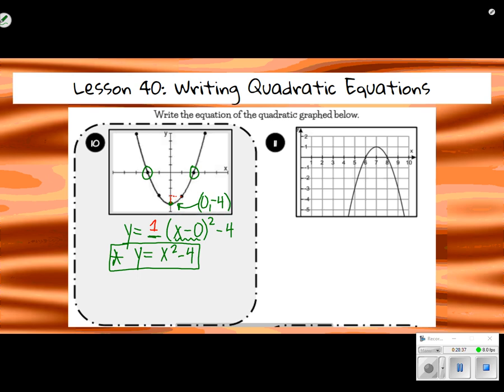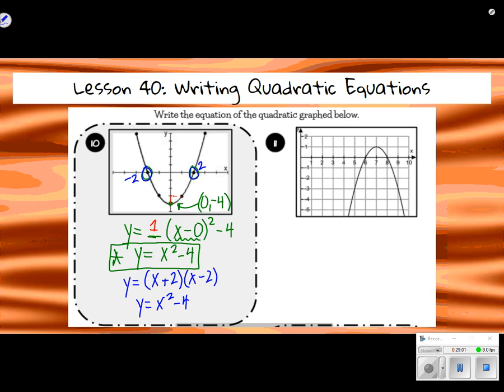If you use the zeros, let me switch colors, we're going to do the zeros. You just have to get them back into the parentheses. So x, this is a -2, so that becomes x plus 2. And x, this is a +2, so that becomes x minus 2. And then when you multiply them, you get x squared, +2x and a -2x, it's going to cancel, minus 4.